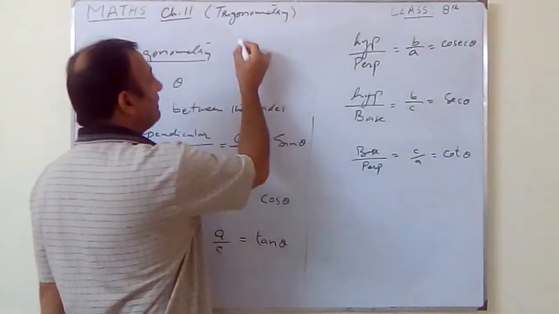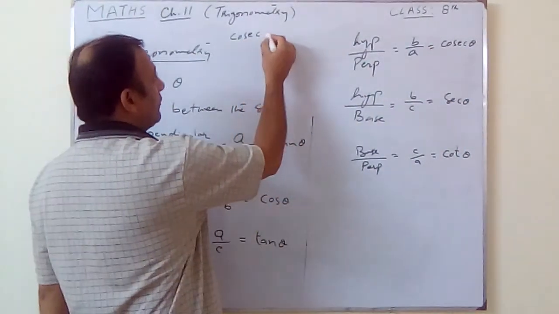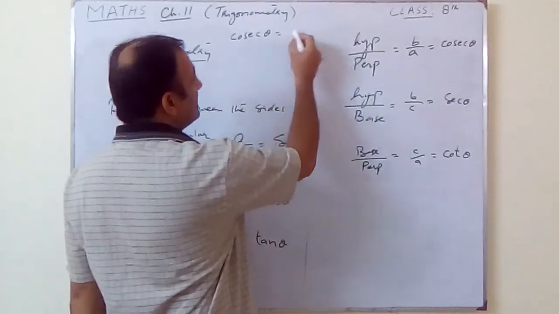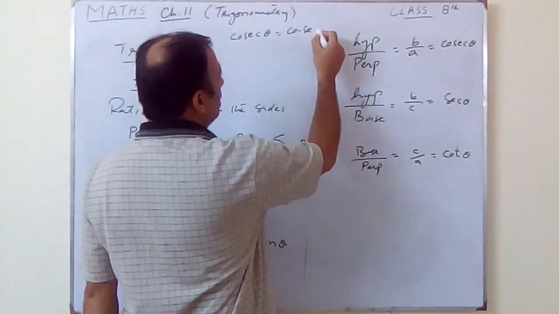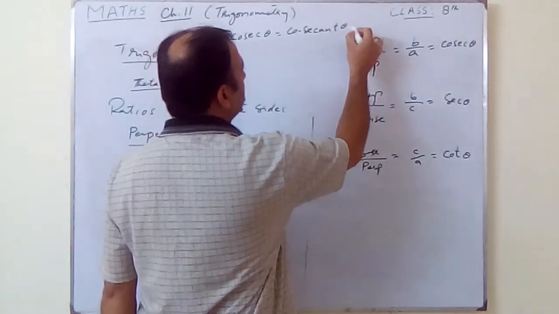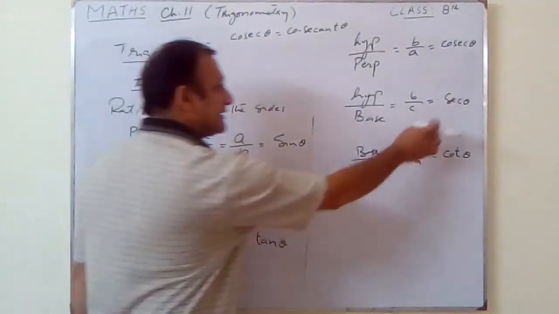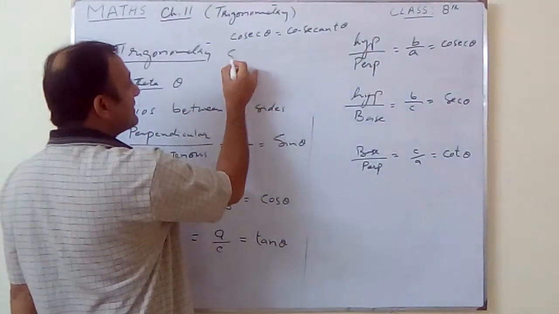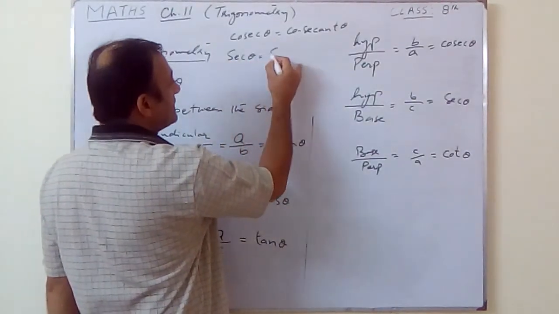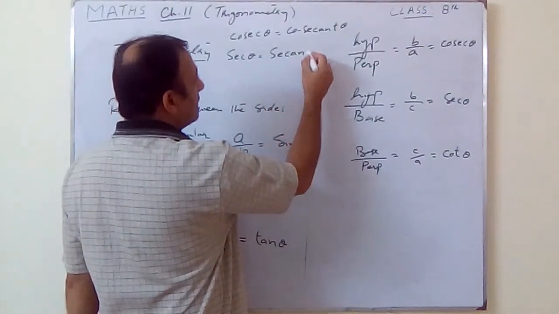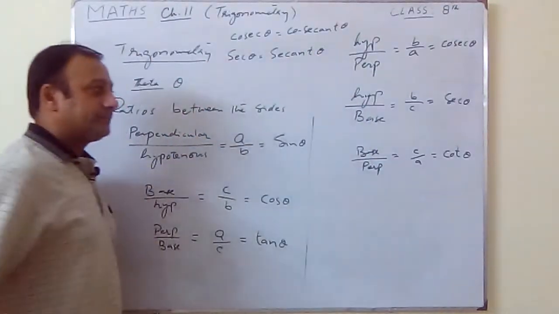Again they have specific names. We write cosec, but actually it is cosecant theta. Here it is secant, we write only SEC, but actually it is secant theta.